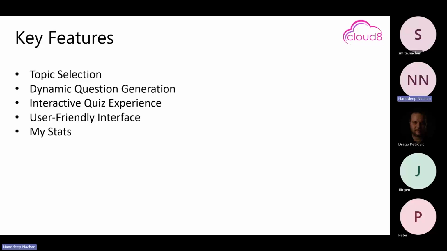As I mentioned, it is the same kind of experience where Microsoft examinations provide a reference link, so we are also giving you one reference link over here. Using the reference link, you can check whatever information you need. Also it is very user friendly because we are providing all the data in adaptive cards. And the last one is that you can check your My Stats.